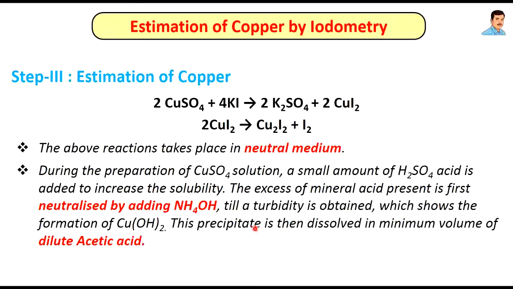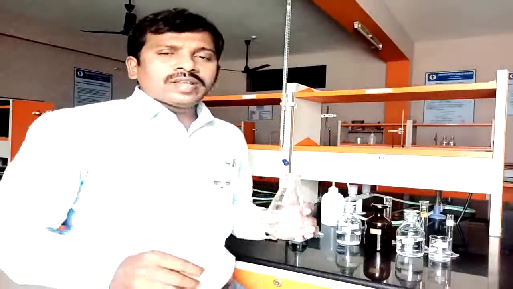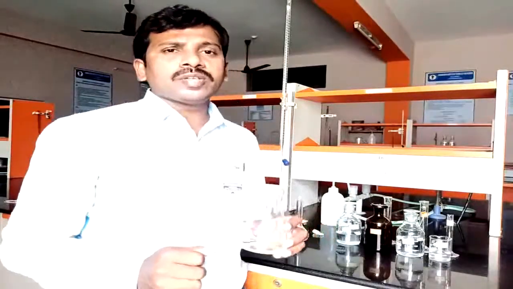So when the blue colored precipitate dissolves, when the turbidity disappears, then the copper sulfate solution is made neutral. At this point, I am not adding ammonium hydroxide and acetic acid because the copper sulfate solution which I have taken now, that is already neutralized. So now we will proceed with the addition of potassium iodide solution. Next we have to add the potassium iodide solution 5 ml.